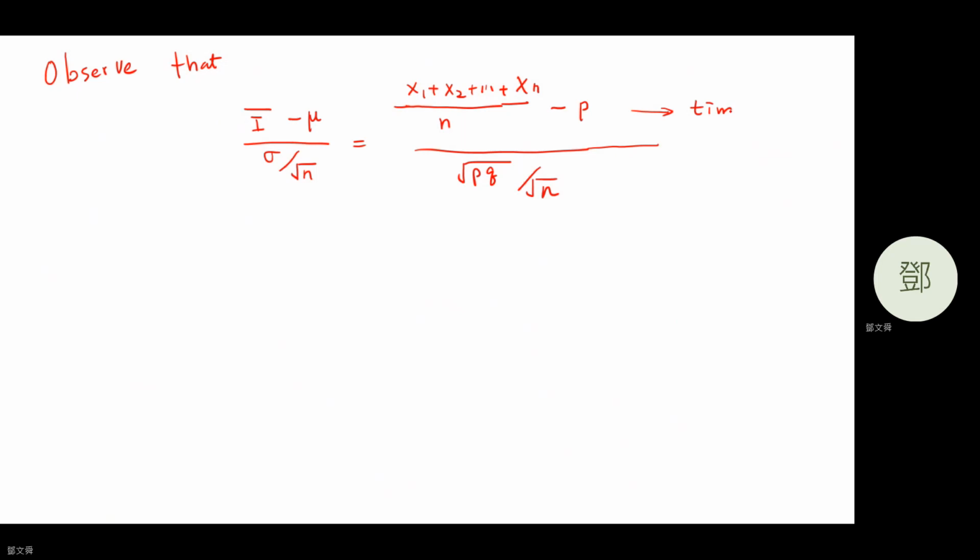Nothing gets changed if both terms are multiplied by n. So if we multiply by n, it is npq. Sorry, it is I, not x: I1, I2, all the way to IN.